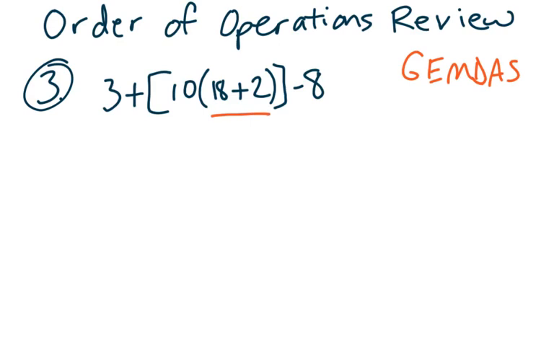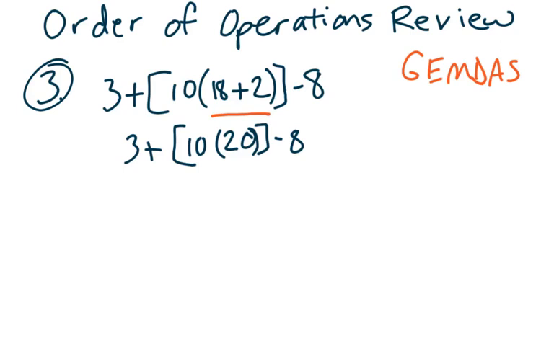And boys and girls, we know that 18 plus 2 is 20. So then I'm going to go ahead and write the rest of this problem back out. So then that's going to be 3 plus bracket 10 times 20, close bracket, minus 8. Now, the next thing, according to GEMDOS, is that we still have to solve our grouping symbol.